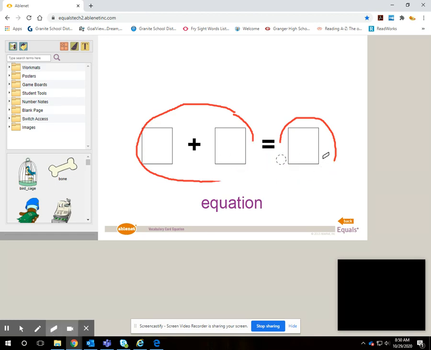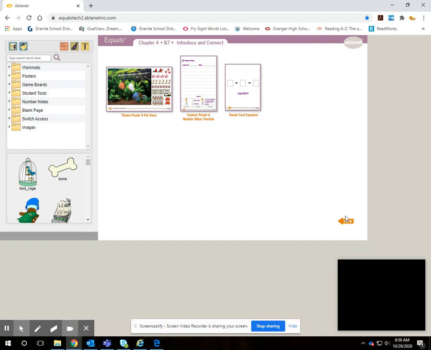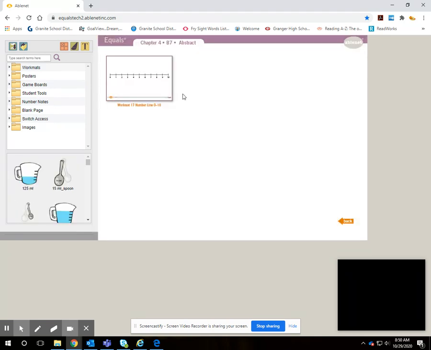Let's see. I'm going to erase my work here so that we can go on to our next thing. So today we are going to be working with a number line, but we're also going to work with just some objects as well, okay? So let's go back to the number line. Here we have our number line.